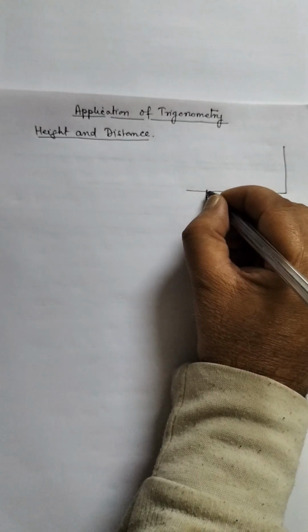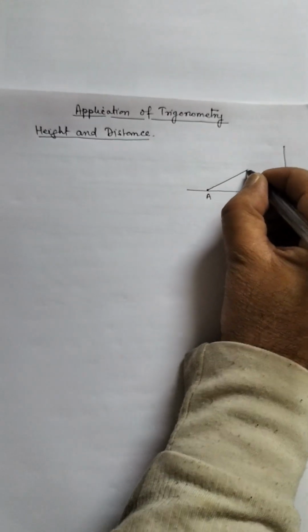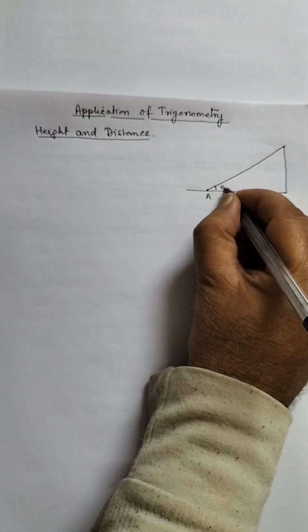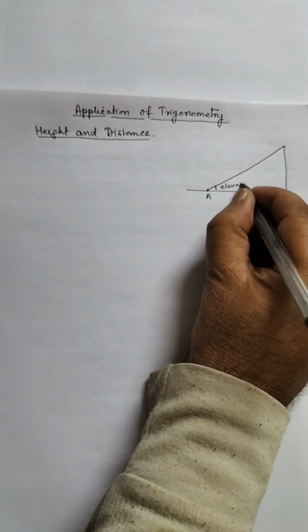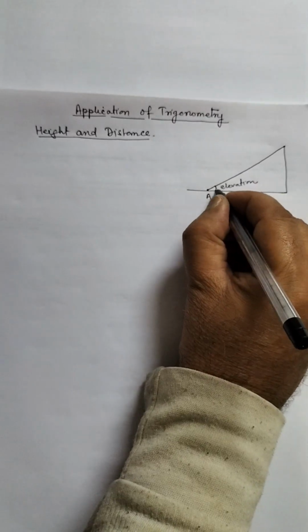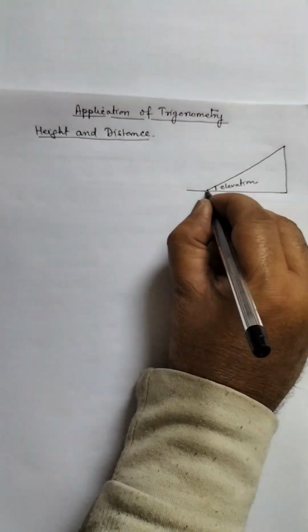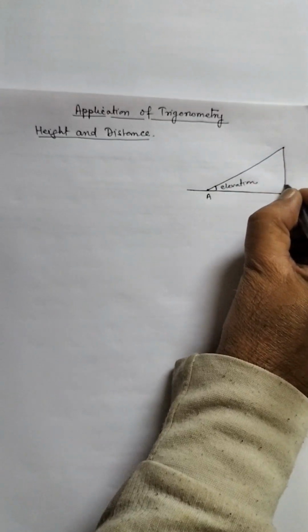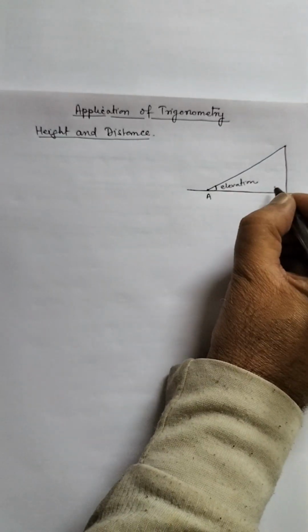The observer is at a lower point and he is looking at the top. This angle is the angle of elevation. So these are few terms which are related to this application.